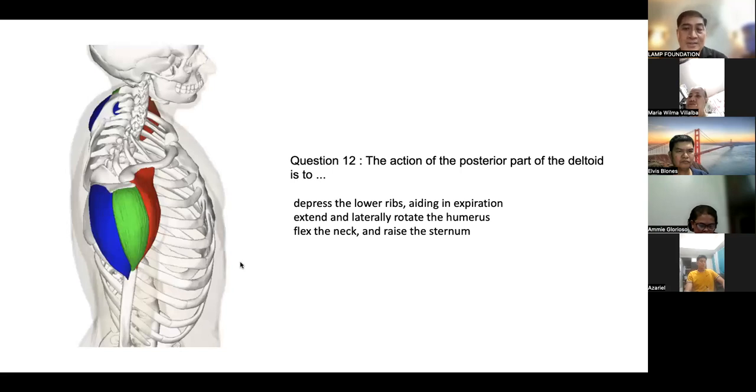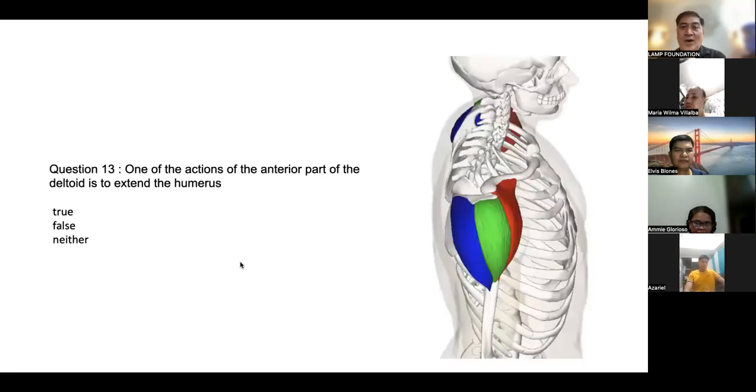The action of the posterior part of the deltoid is to extend and laterally rotate the humerus. Oh, di ba? Paulit-ulit. One of the actions of the anterior part of the deltoid is to extend the humerus. True or false? True. No. One of the actions of anterior part is to extend the humerus.